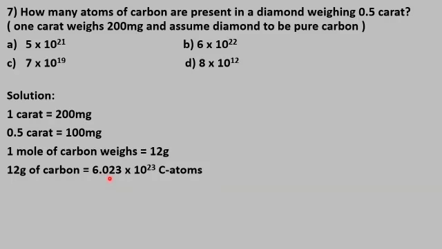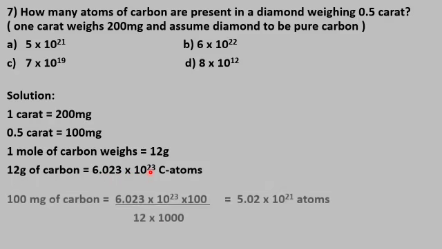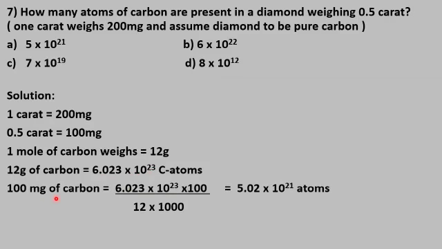So 6.023 into 10 raised to 23 atoms will be there. So 100 milligram of carbon is equal to Avogadro number into 100 divided by 12 into 1000. So that is equal to 5.02 into 10 raised to 23 atoms. Hence the correct option is option A here.